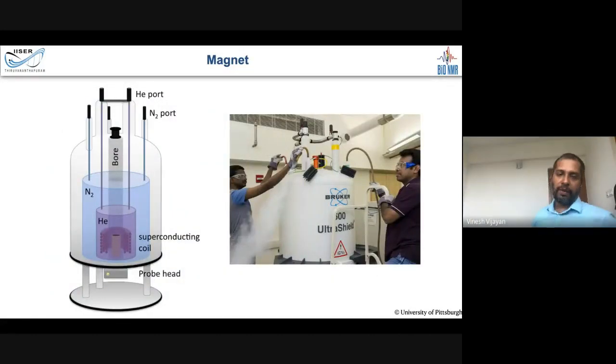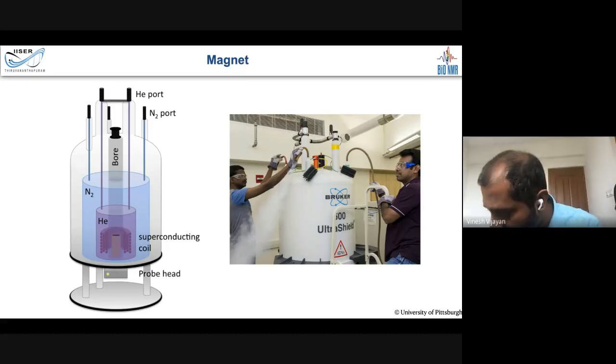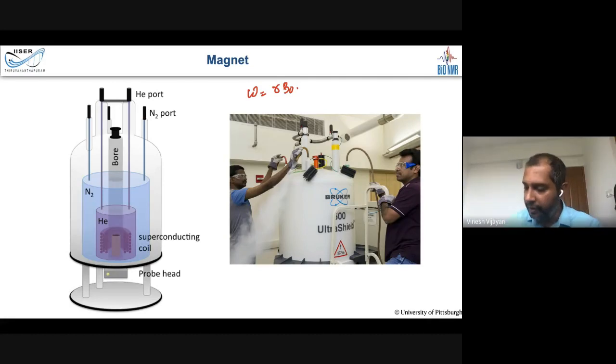Now, why I say about low temperature is this: you need a very high magnetic field homogeneity in order to do NMR. Why is that? Because your NMR, as you know, depends on omega equals gamma B0. At different points of your sample, if your B0 field is different, your omega will be different, right?